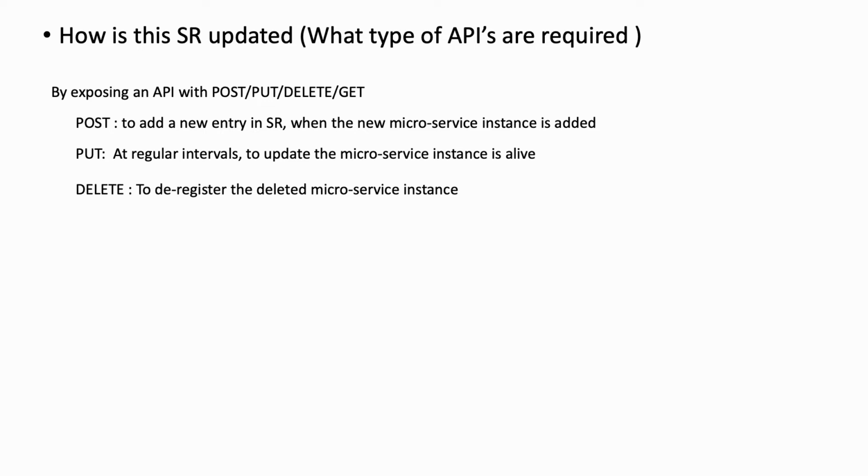Okay, now you are maintaining all this service registry and values. Somebody has to use this. So for that, we will have the GET API. Using this GET API, whoever wants, they will fetch the data from this service registry.